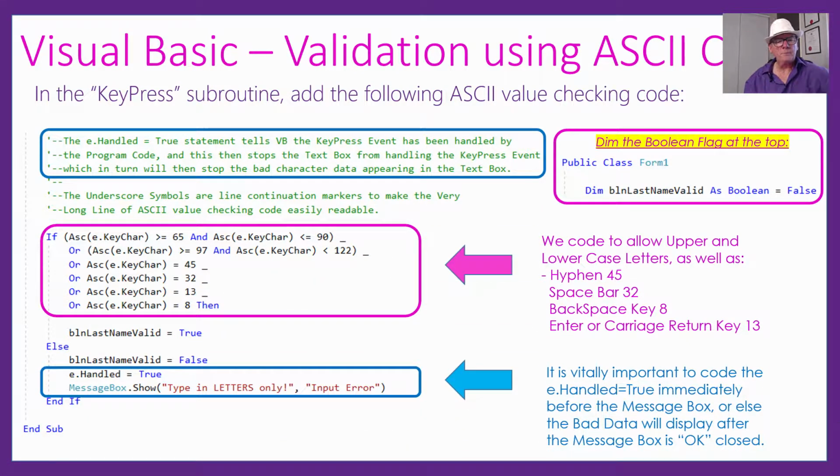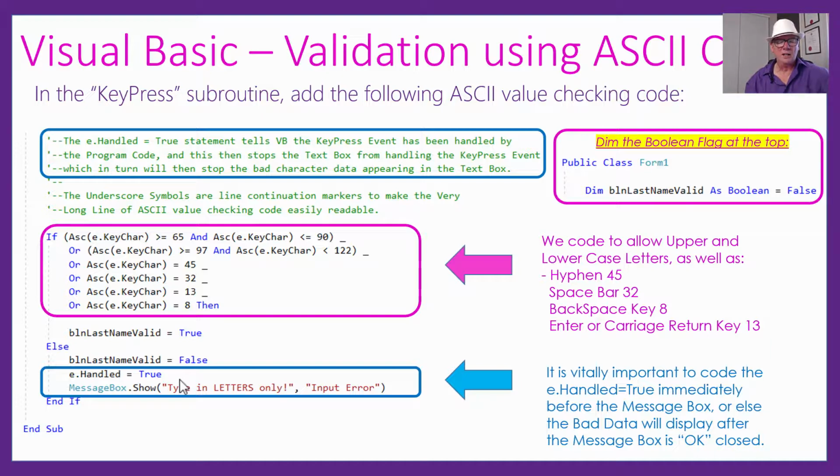And this e.handled, what the heck is that all about? So if they have not typed it in correctly, we're going to use this e.handled. Now what e.handled does is it tells Visual Basic that usually on the key press, Visual Basic would handle the event or process the event. And when you press, say, the letter P, it handles that and puts a P on the screen in the text box.